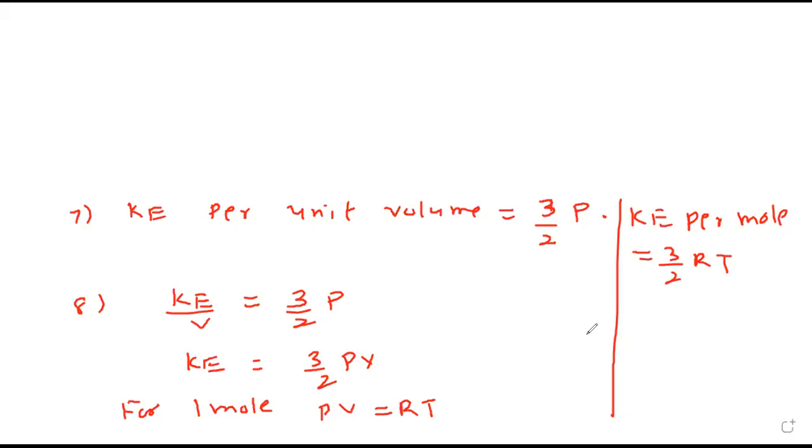So kinetic energy per unit volume and per mole we got. Now kinetic energy per molecule. See, 1 mole contains Avogadro number. We want 1 molecule.